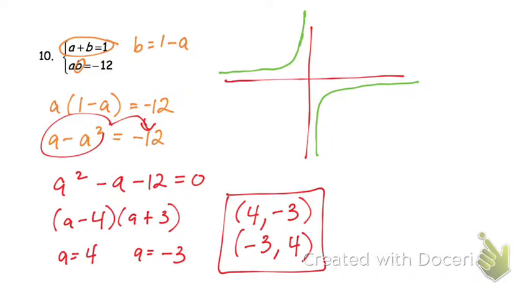And then the line would be a y-intercept at 1 and a negative 1 slope, so it'd look something like that. So then it intersects here and here. Negative 3, 4, 4, negative 3.